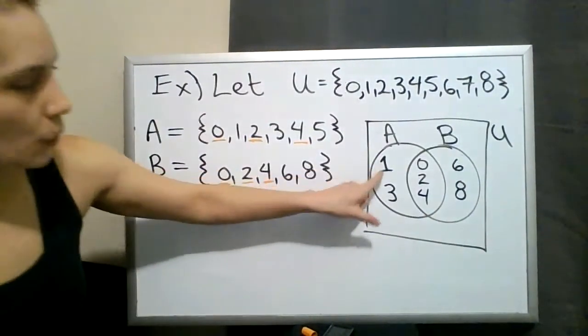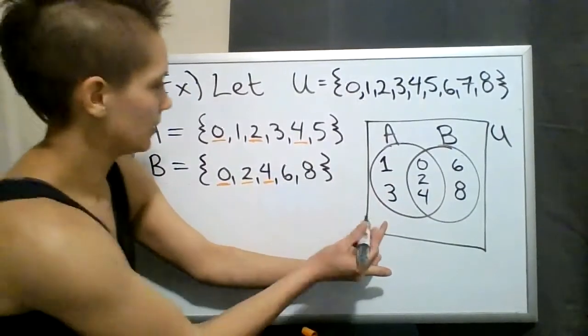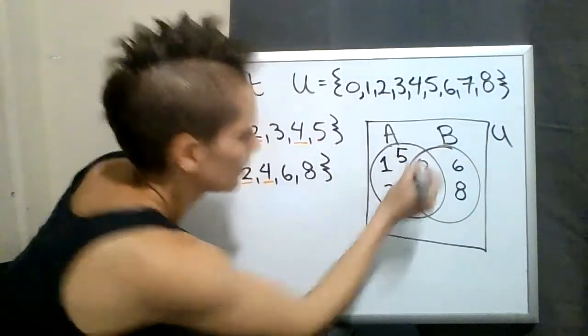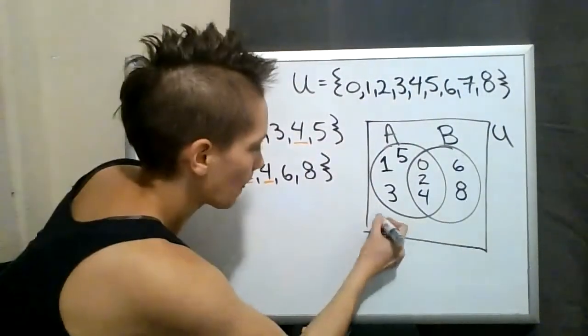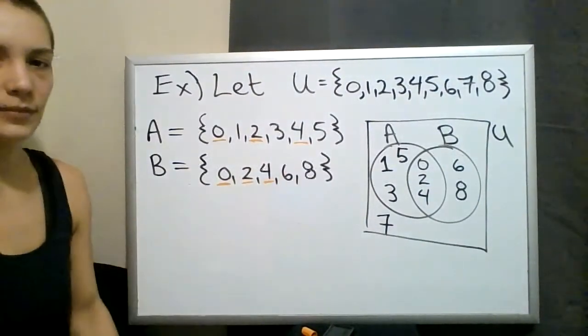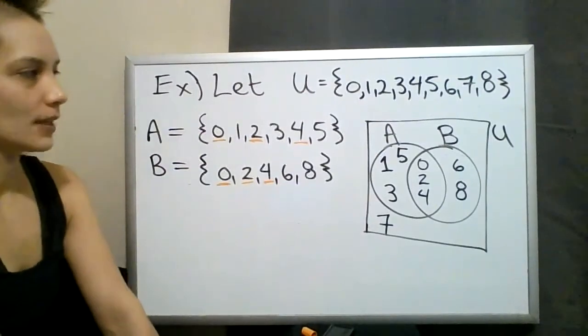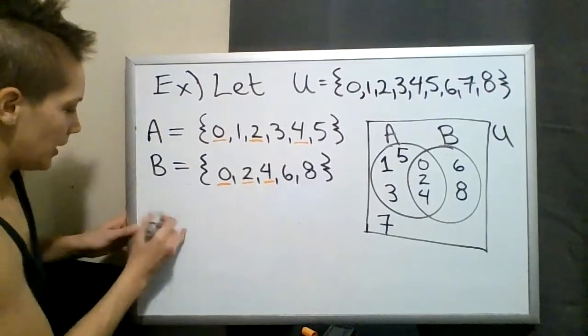Check for everything. 1, 2, 3, 4, 5. It's missing 5. Wait, 5 is in A. 5, 6. We need 7. 8. So let's see.